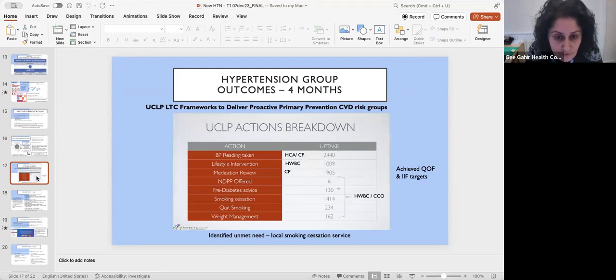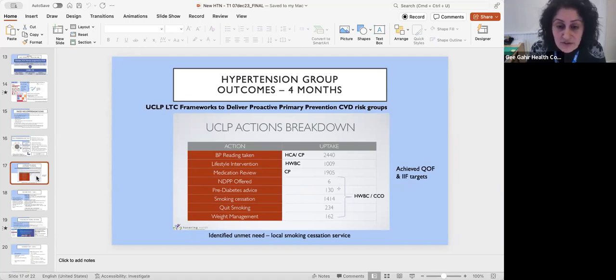So the outcome of the hypertension project that I was involved with after 4 months is quite visible here, and this is from Havering North. It was a multi-professional team. It was the health and wellbeing coaches, care coordinators. We worked with HCAs and the clinical pharmacists, as well as clinicians.